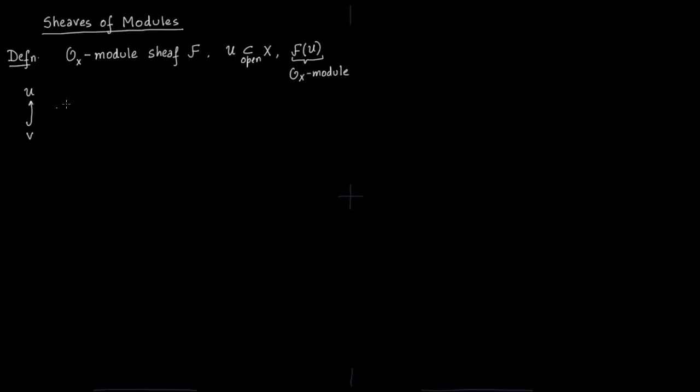Now this OX module F of U should satisfy some restriction map. That is very obvious. So you have this corresponding map: if U contains V, you have a map from F of U to F of V. Similarly, you have a map from OX of U to OX of V. So by definition, F of U is an OX of U module.